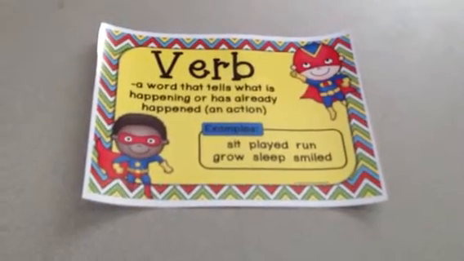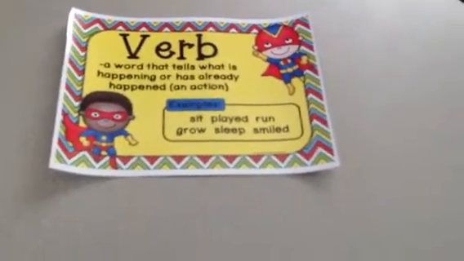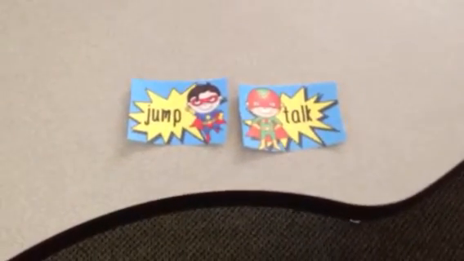I'd like for you on a piece of paper to write down these two verbs. Talk and jump. You have talk and you have jump. I'd like for you to write those verbs down.